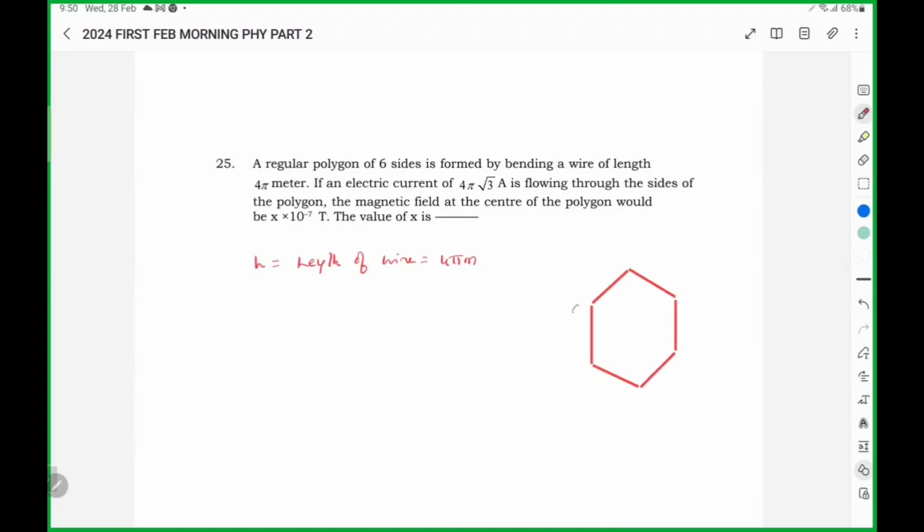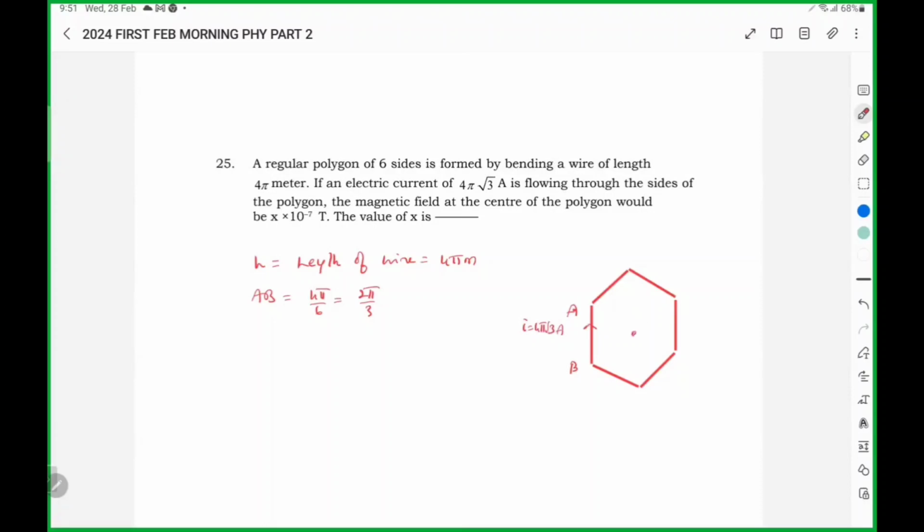So AB length will be 4 pi by 6, that is 2 pi by 3. The length of each side will be this. Here it is 4 pi root 3 amperes current flowing through the sides.